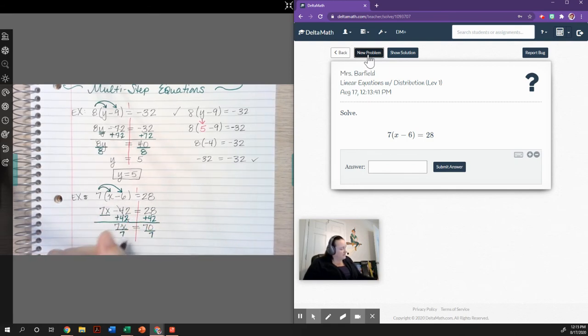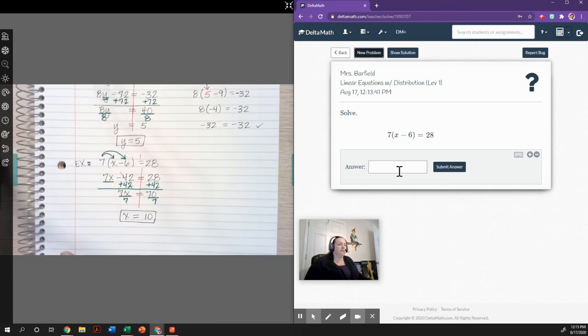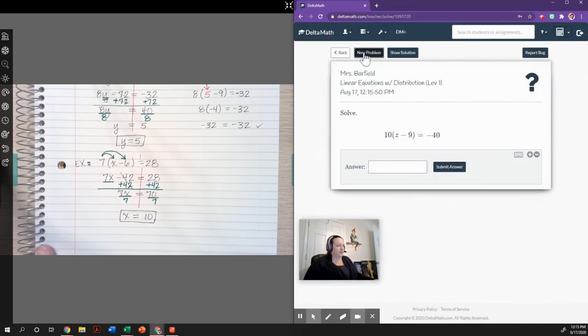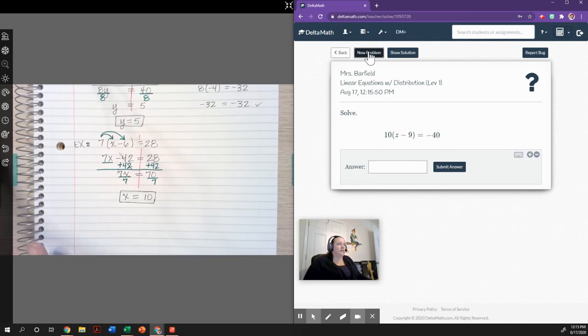Divide by 7, so I get x equals, because the 7's eliminate, 70 divided by 7, 10. Okay, so x equals 10. Submit my answer. Yes. New problem.